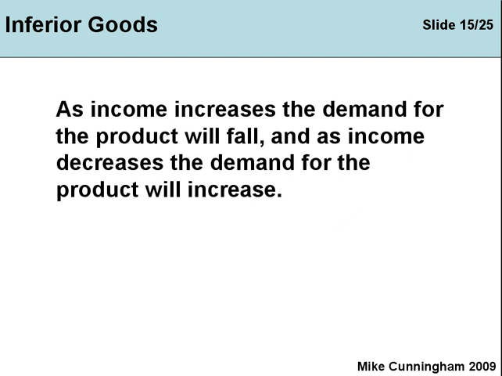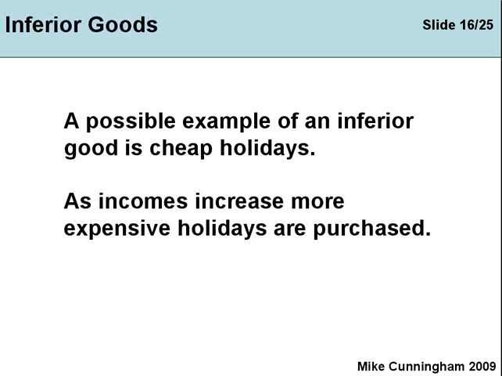In this case, as incomes increase, less will be sold. A possible example of this could be cheap holidays. As incomes increase, more expensive holidays will be purchased. So as incomes increase, there will be fewer cheap holidays sold because we have more money to spend on more expensive holidays.